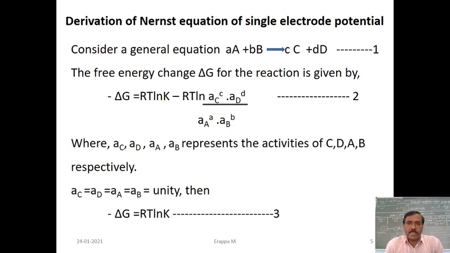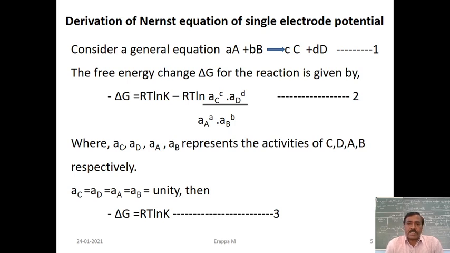Consider a general reversible reaction: a moles of A and b moles of B give c moles of C and d moles of D. This is reaction 1.